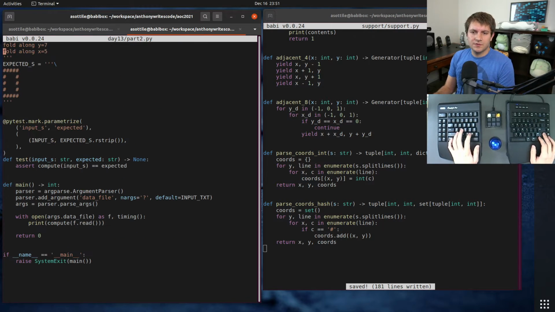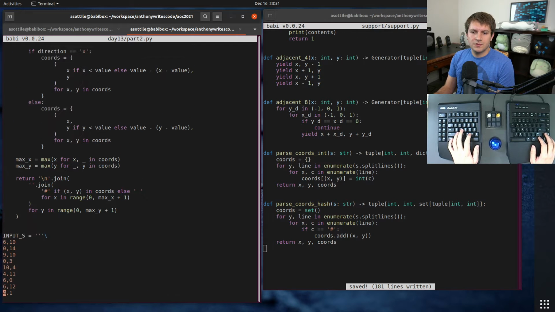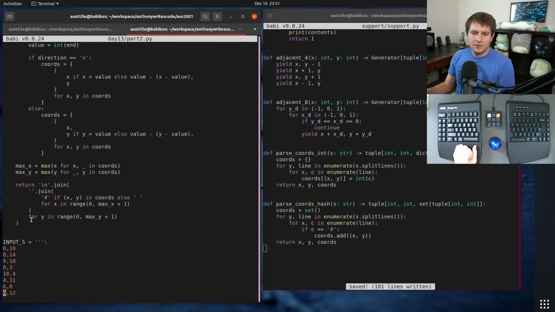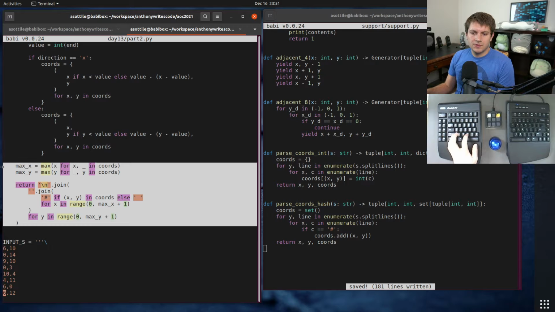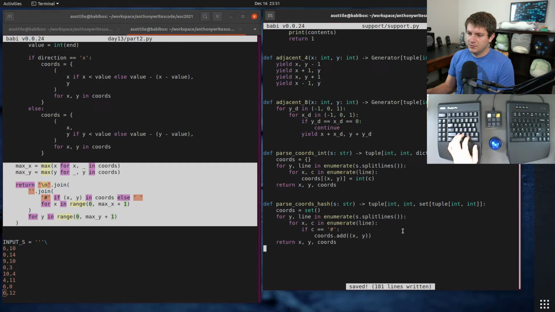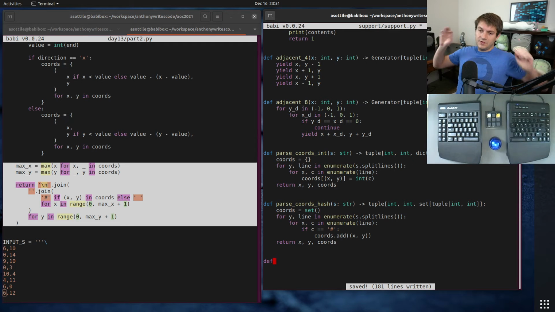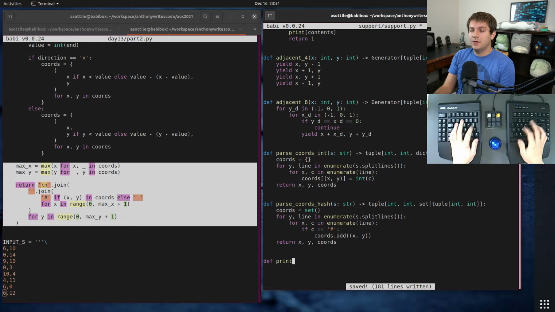This function is going to be useful. Oh, but this isn't a printing function. Print words hash words set tuple int.